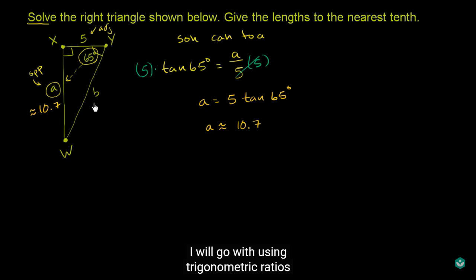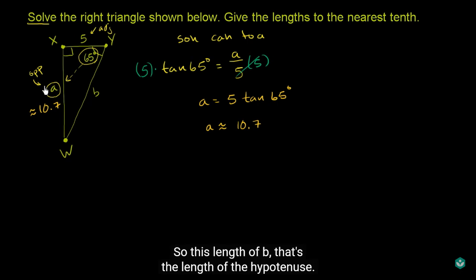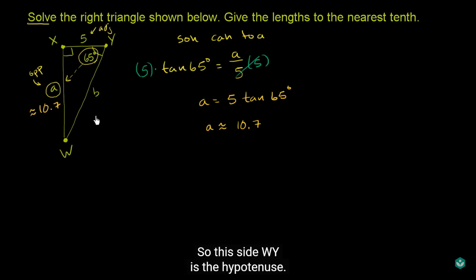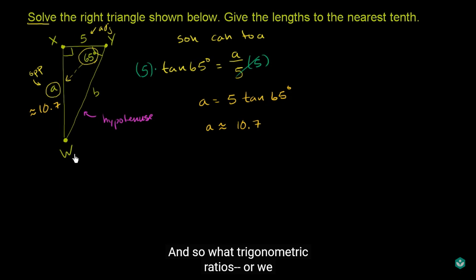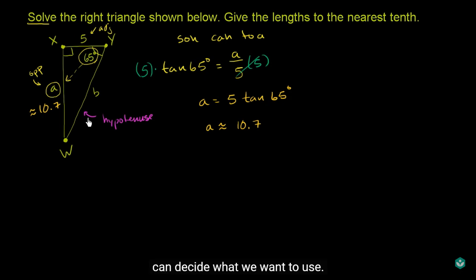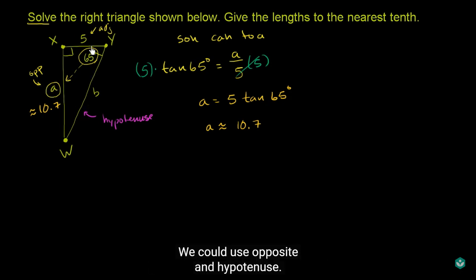I will go with using trigonometric ratios, since that's what we've been working on a good bit. So this length B is the length of the hypotenuse. So this side WY is the hypotenuse. And we can decide what we want to use. We could use opposite and hypotenuse. We could use adjacent and hypotenuse. Since we know that XY is exactly 5 and we don't have to deal with this approximation, let's use that side.